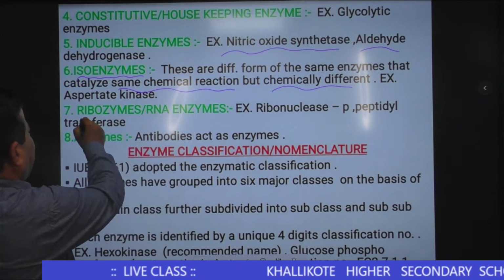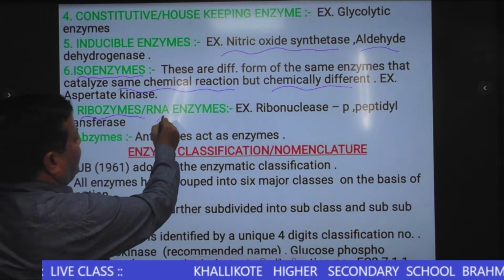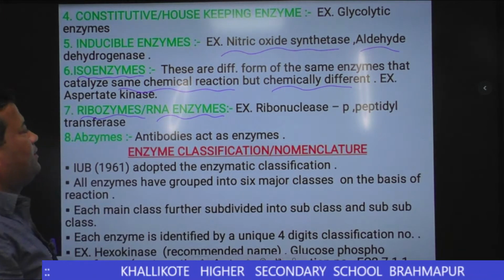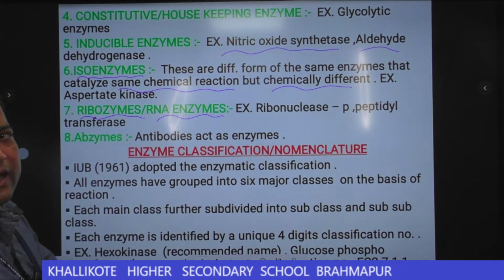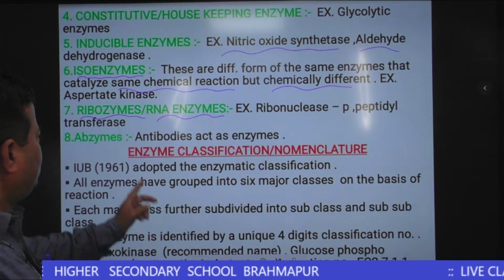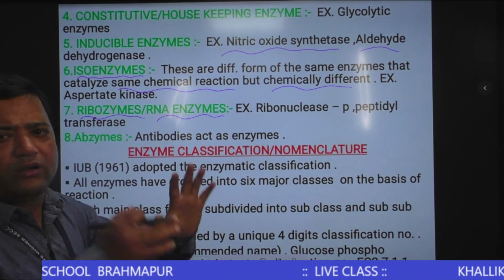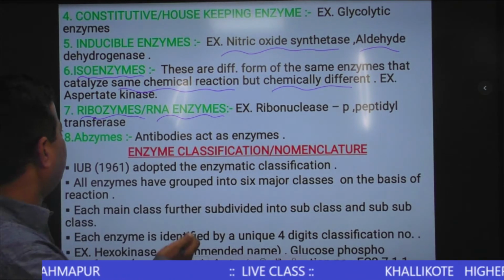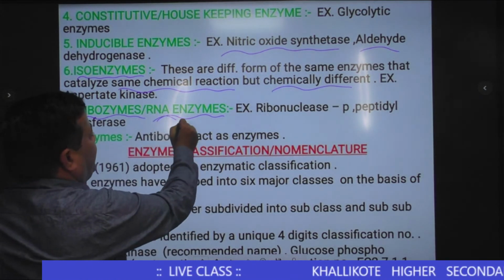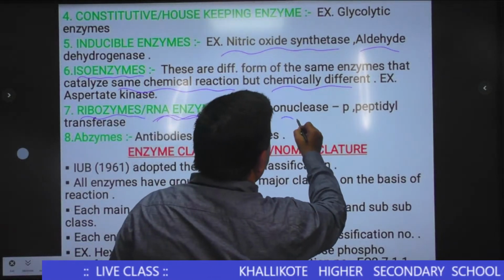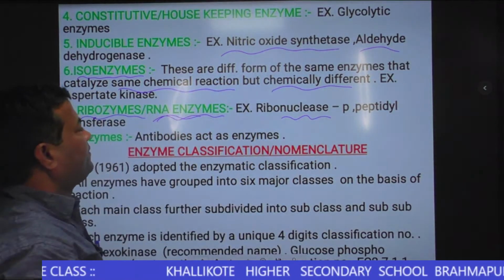Then another is ribozyme or RNA enzyme. I have already said all enzymes are not protein. Most of the enzymes are protein, but in ribozymes, RNA functions as an enzyme.